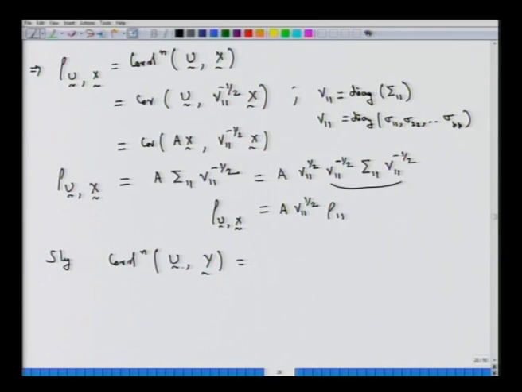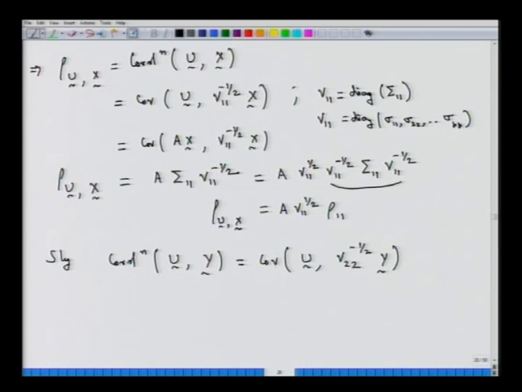So when we are looking at this correlation matrix between u and y, the other vector, this would be similar to this one, the covariance matrix between u and, in y, what we are going to do is take V22 to the power minus half times y.